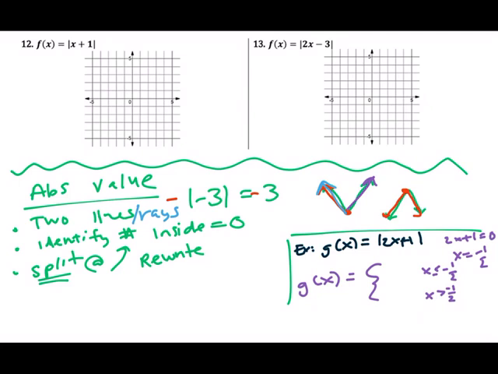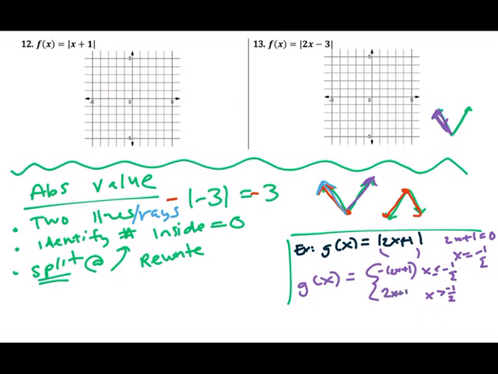It's the value that changes things. So if I was graphing this function, it's going down, down, down until it gets to -1/2. At -1/2, it's 0, and it starts going back upward. So let's think about the left-hand side of that graph. The left-hand side of that graph is the opposite of whatever is inside there, because it would be negative, but the absolute value is making it positive.